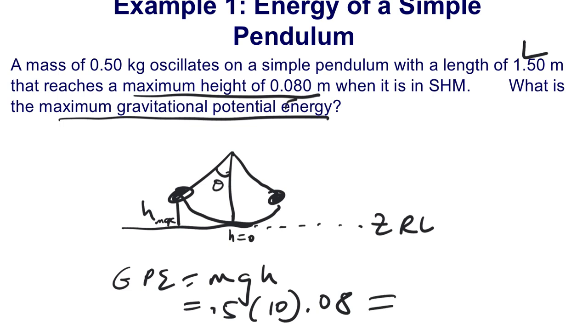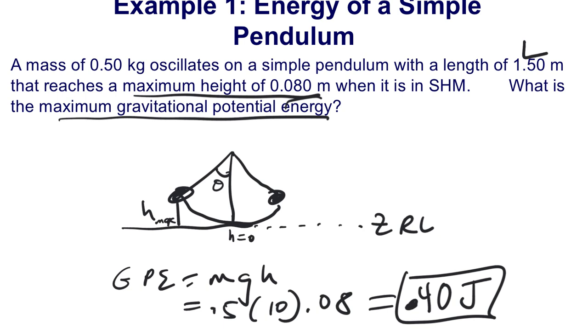So that'd be 0.8 times 0.5, which is 0.40 meters, or 40 centimeters. Wait, 0.40 joules. What am I doing? Because I just found the GPE. I have the height already. So that's 0.40 joules.